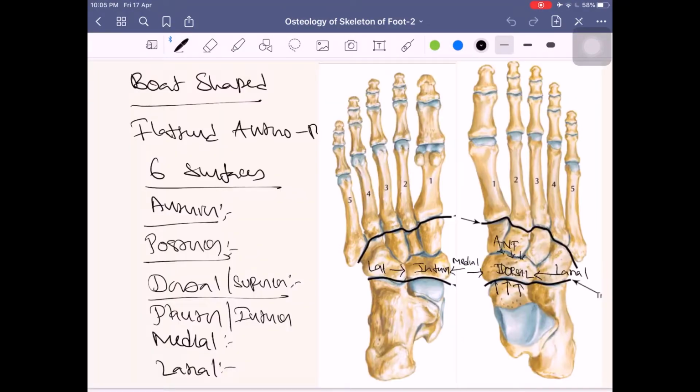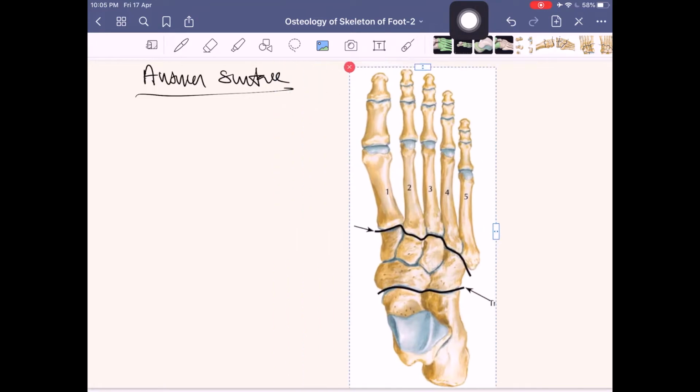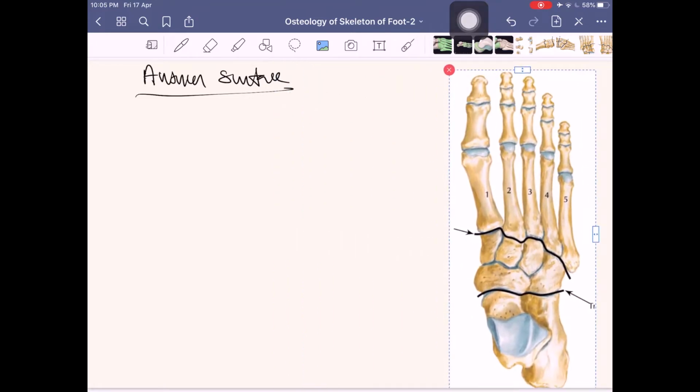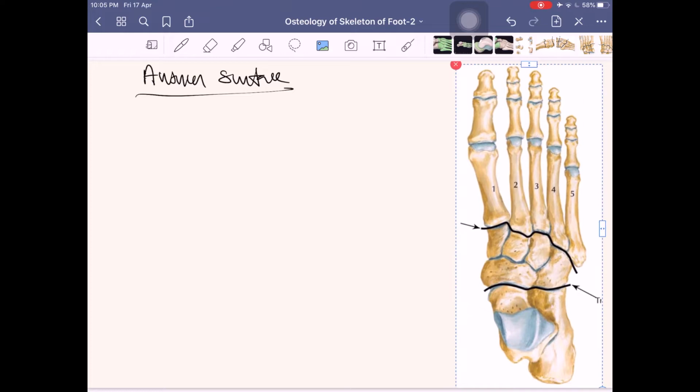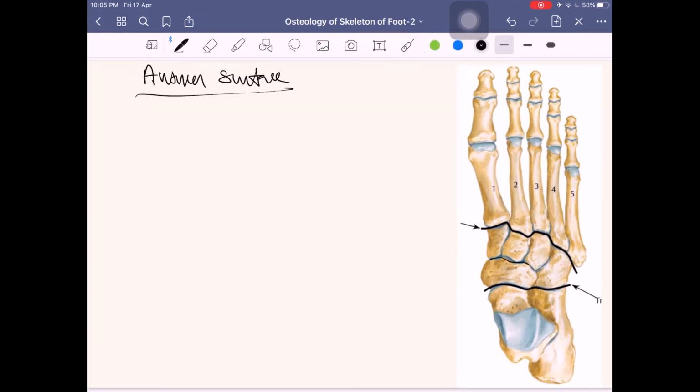So let us talk a few lines about each surface. Next is the anterior surface of the navicular bone. Again, let us put the image. So that's your anterior surface, where I am writing anterior, and this is a navicular bone.